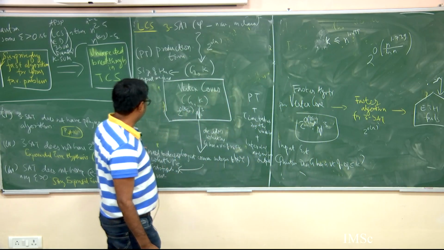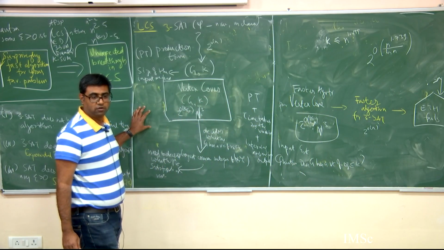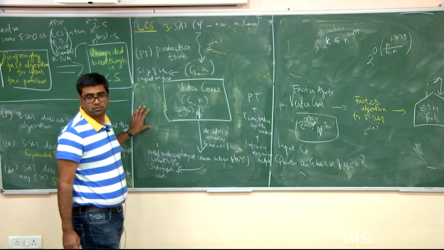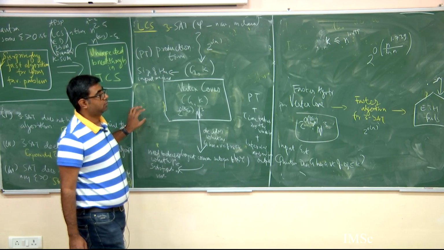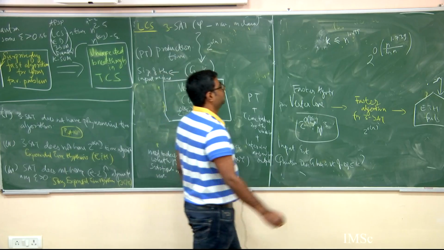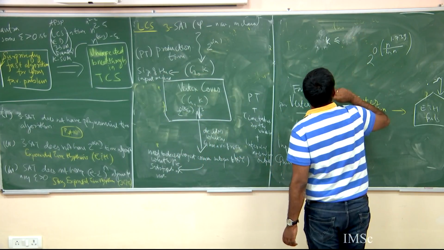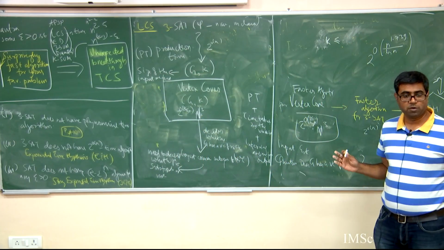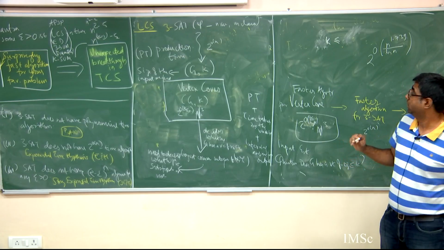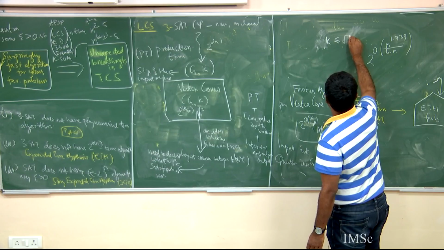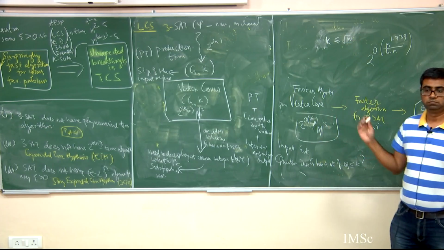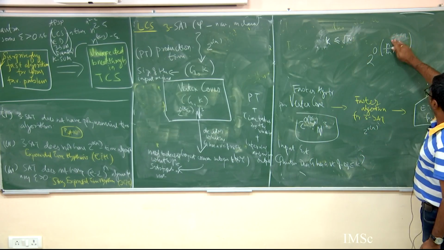So we cannot even hope to get a 2 to the power little o of n algorithm, forget it. We cannot hope to get this. So n to the power 1.7 something. But what about, say, root n?